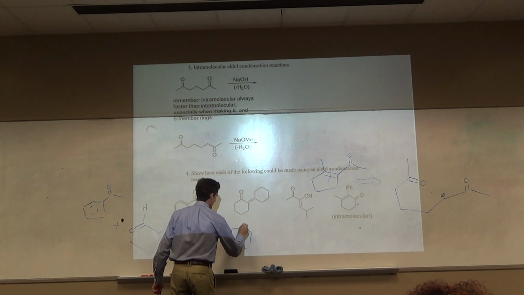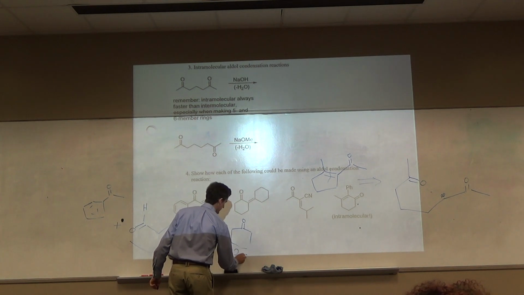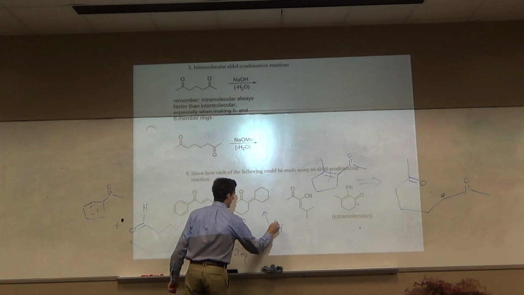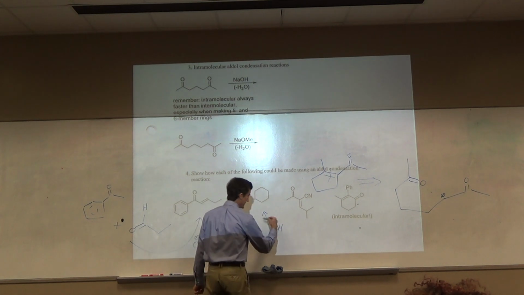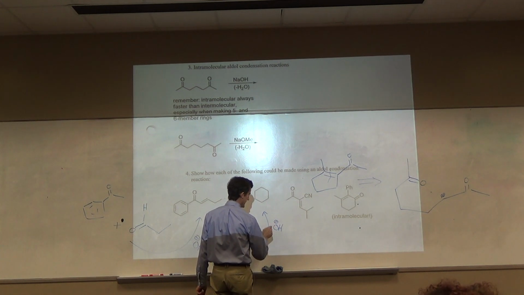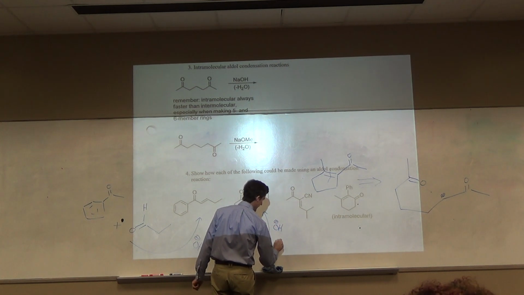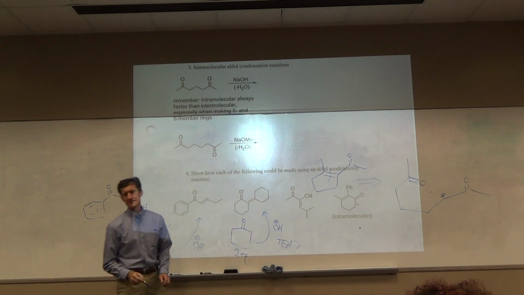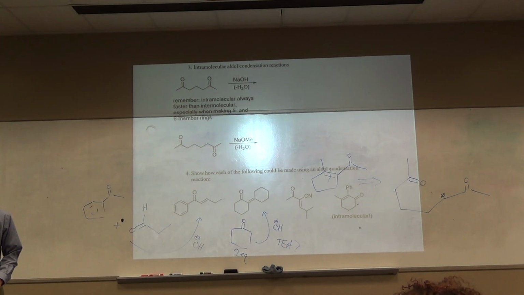This is where it's reacting with itself, two equivalents. Hydroxide is most common. There could be a variety of other bases. You could even use triethylamine. In some cases, triethylamine, an sp3 amine, may work. It's not an anion, it's less basic than hydroxide. Sometimes sp3 amines are basic enough to do aldols.